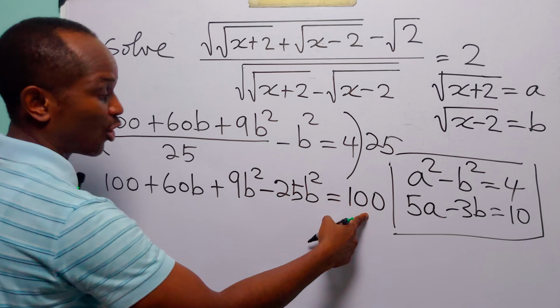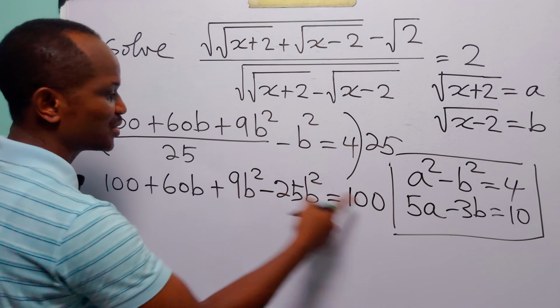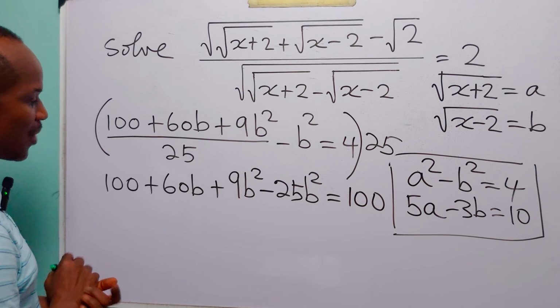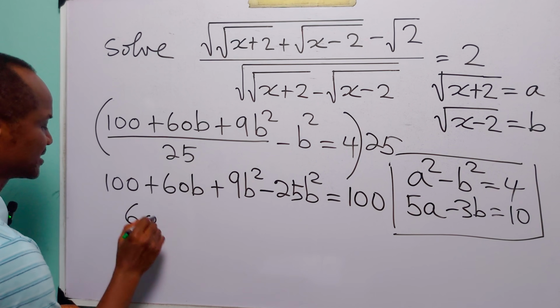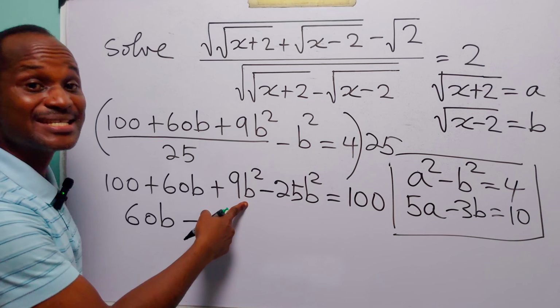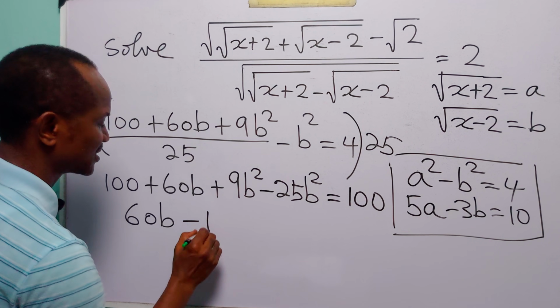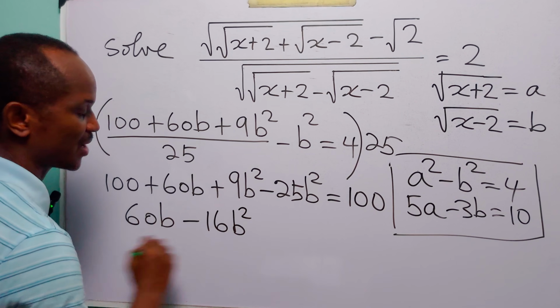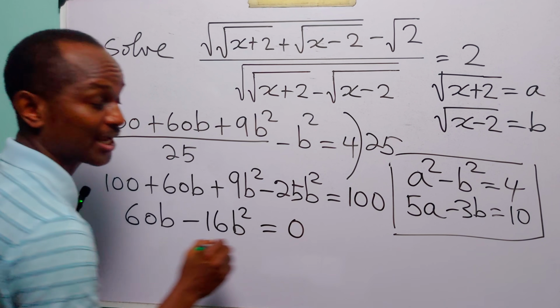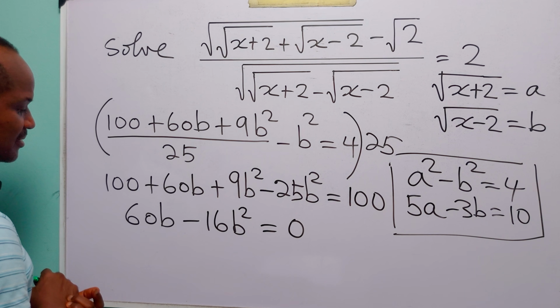Now we have 100 on both sides of the equation, so we can subtract 100 from both sides of this equation. When we do that, we have 60b, and 9b squared minus 25b squared is going to give us minus 16b squared. And of course, this is now equal to 0. Now we can factorize this.